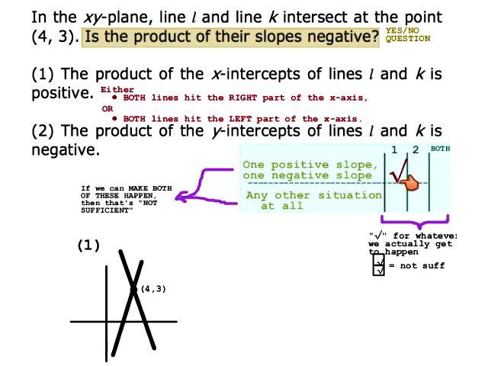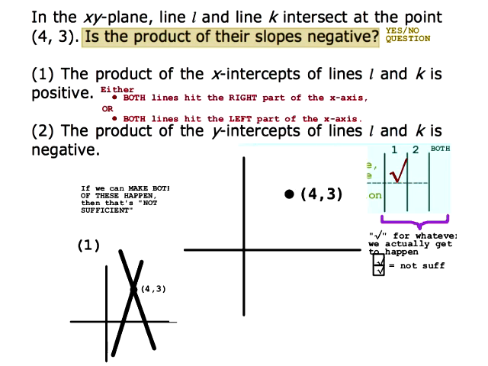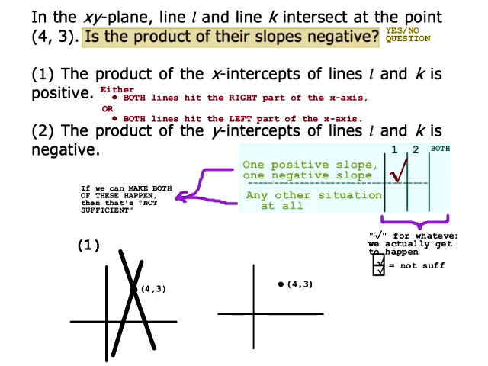And again, this is the point of organizing your goals like this, because now that we've written this, we know exactly what it is that we're trying to do, which is we need to still do this, but now we have to make a situation that is not one positive slope and one negative slope. So, okay. There's the same situation. We can still have two positive x-intercepts.